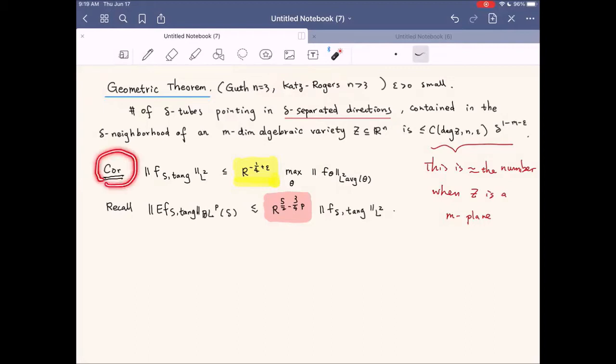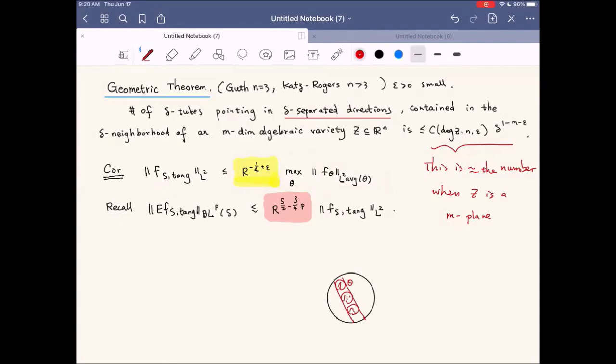Now, as a corollary, since the number of directions for tangential tubes is small, it's lower dimensional, then when we pass from L2 to approximation of the L infinity bound, we have some gain. The reason is that what this geometric theorem says is roughly the number of theta is in a lower dimensional plane.